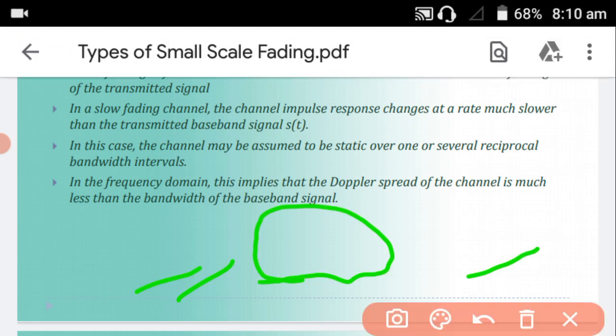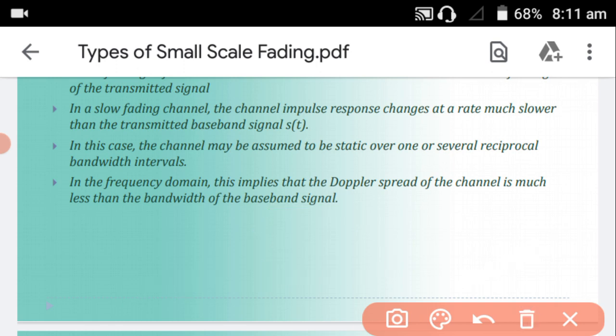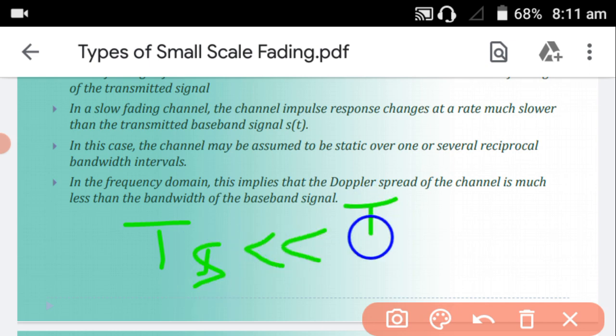That is the condition here: Ts is less than Tc. Coherence time is greater than symbol period.